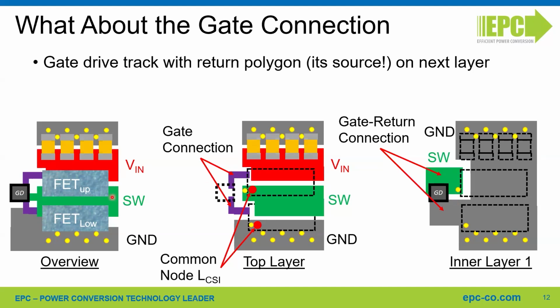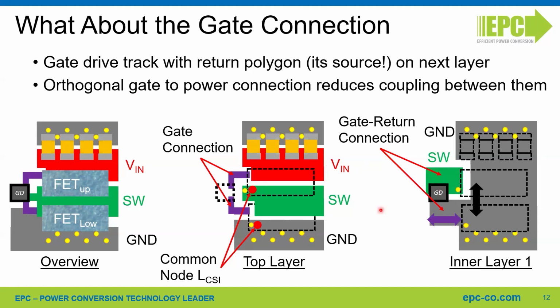So in this case, the high side FET has the switching node as a return path of the gate driver, and in the low side FET, there is the ground as a return polygon for the low side gate driver. And this connection is returning the gate currents to the gate driver.